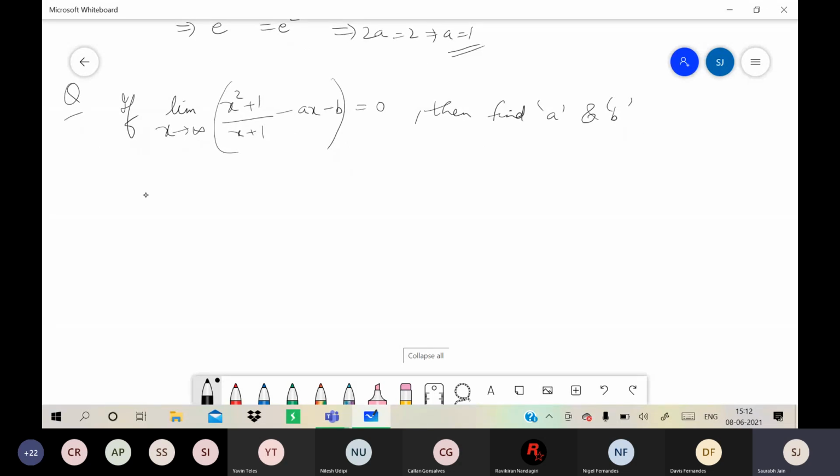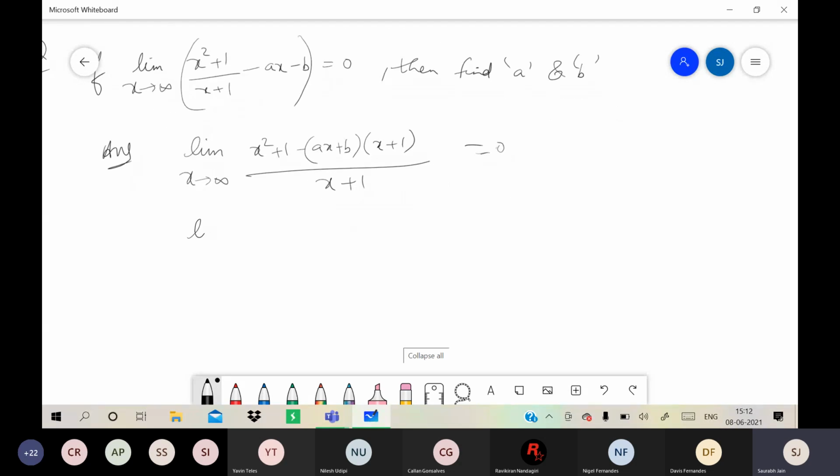See, in this question, first of all, we'll take the LCM. It is x square plus 1 minus (ax plus b) into (x plus 1) upon x plus 1 is equal to 0. Then you multiply the last two terms.